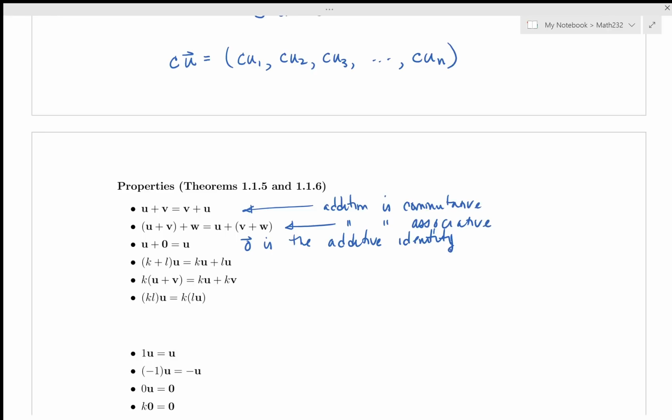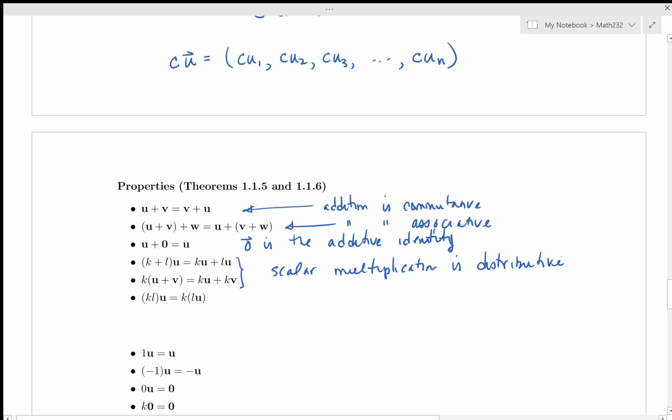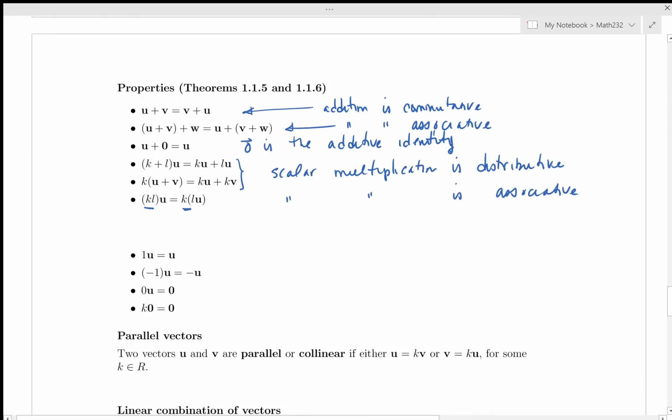Here we have two properties, this one and this one, that scalar multiplication is distributive. And then here we have that scalar multiplication is associative. I don't think any of these properties are particularly surprising, but indeed we need to state them and make sure that we have them.